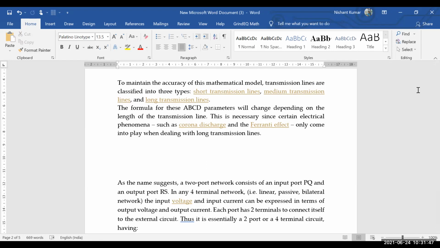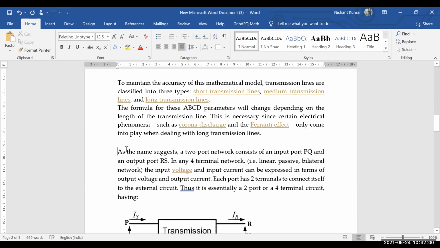This is necessary since certain electrical phenomena, such as corona discharge or the Ferranti effect, only come into play when dealing with a long transmission line. In a short transmission line you can't find that effect; it will be accountable only in the long segment.